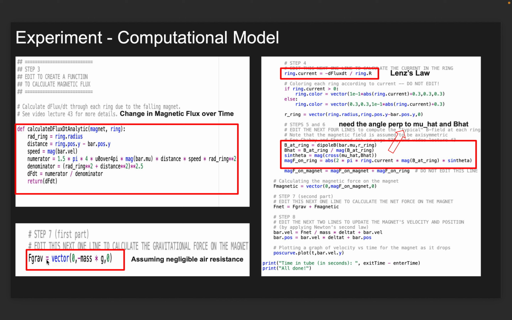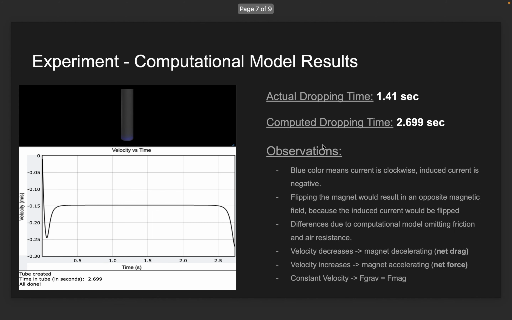And then we also needed to initialize the force due to gravity using only the y direction. Finally, we needed to employ Lenz's law to make sure that the induced current would be opposite of the changing magnetic flux. And we needed the angle perpendicular to mu hat and b hat in order to calculate the magnetic field at each ring.